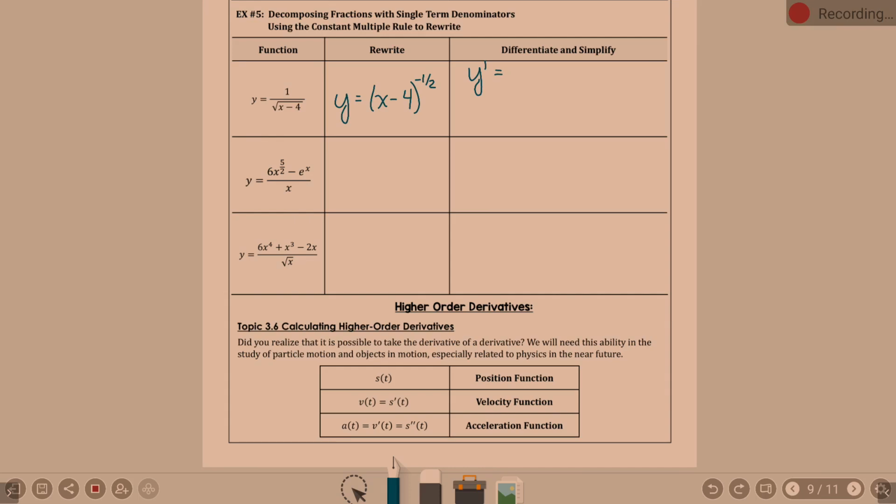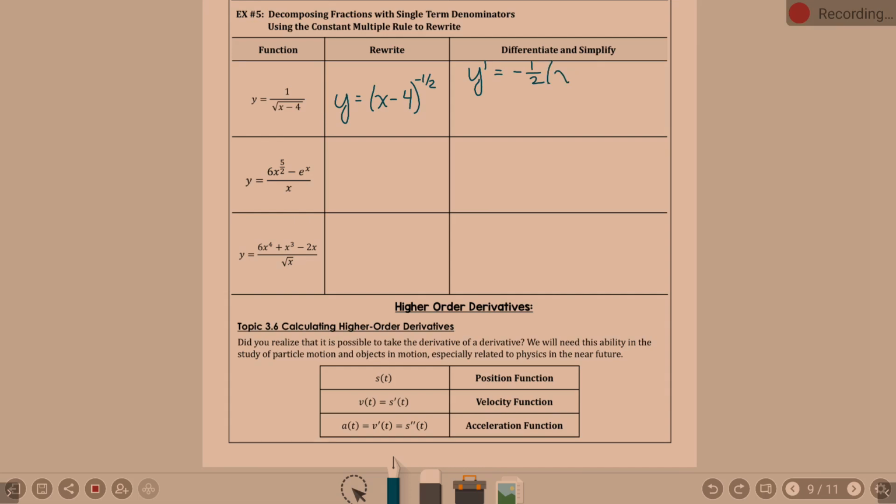What would you do? The power is negative 1/2. So what do we do with that? Move the negative 1/2 out front.